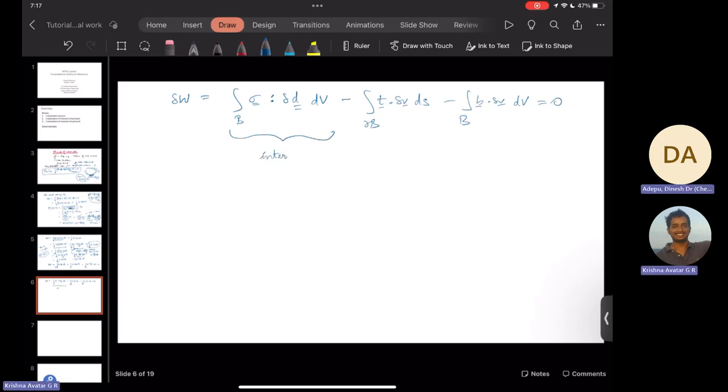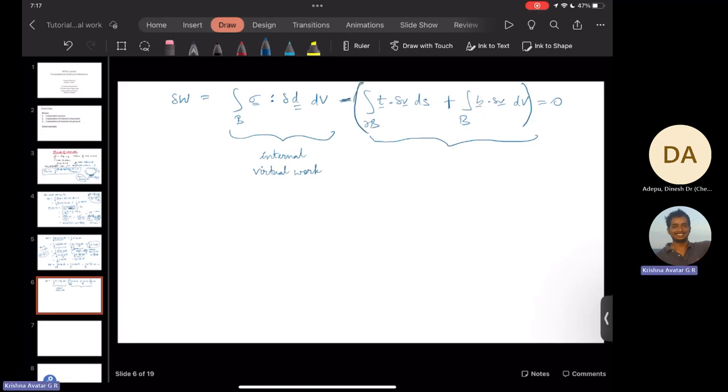So this part we call the internal virtual work, because stress is always a reaction to whatever traction or moments that we're applying. And this part, if you take it under parenthesis, it will become plus, right?